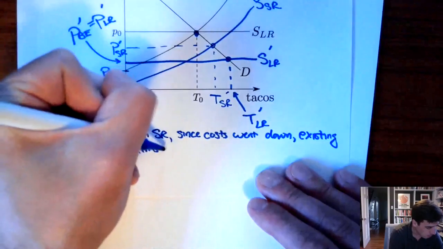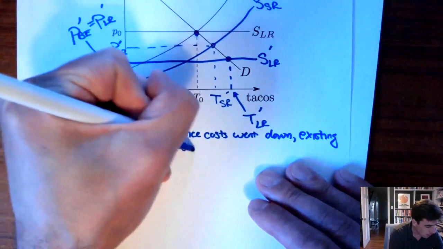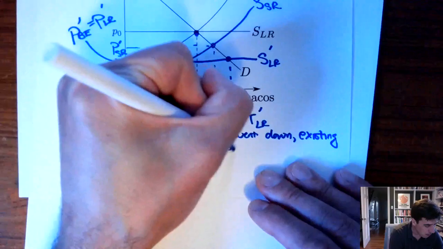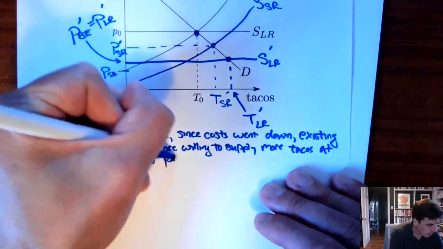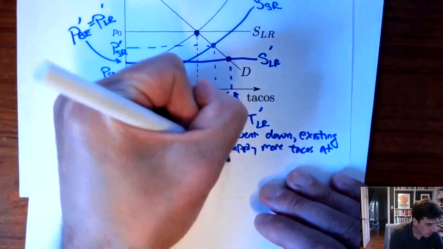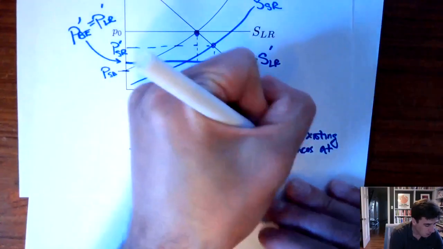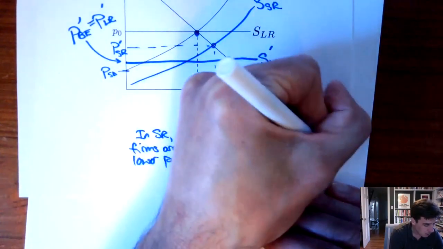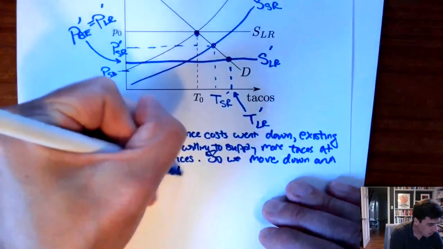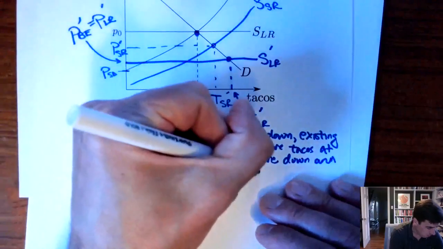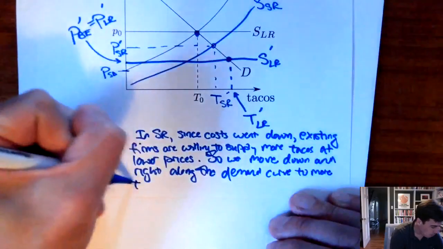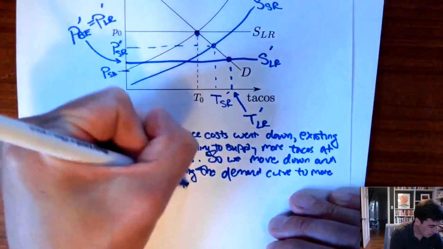So existing firms are willing to supply more tacos at lower prices, right? So we move down and right along demand curve to more tacos at lower prices.